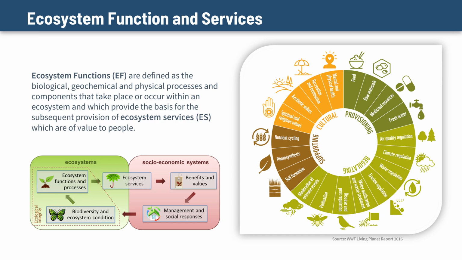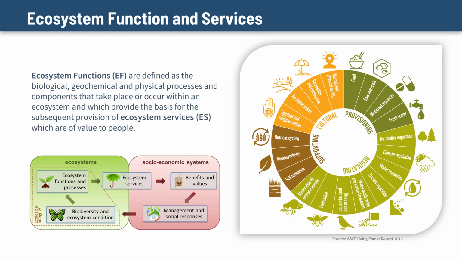Ecosystem functions are commonly grouped into different categories relating to the processes that are occurring and the services that are flowing to people. So provisioning functions relate to photosynthesis, nutrient cycling, water cycling, and other things that lead to, for instance, the creation of plant biomass and other provisioning services when used by humans. Regulating functions include climate regulation through carbon sequestration, water purification through biogeochemical processes, and disease control through predator-prey dynamics.